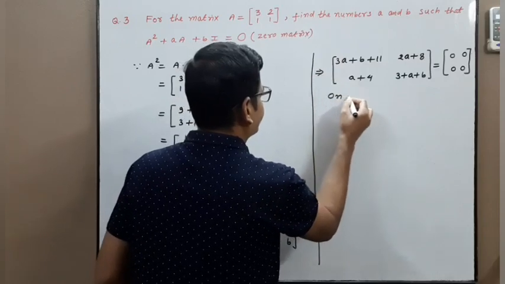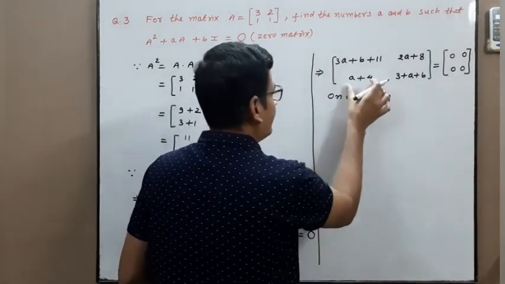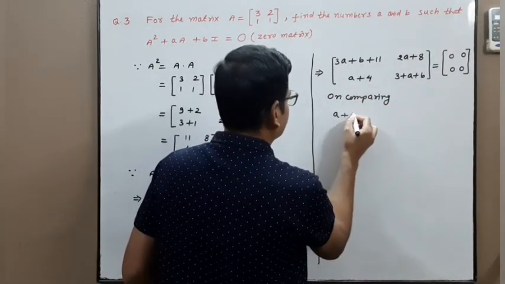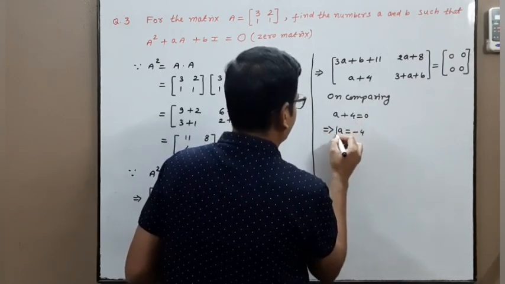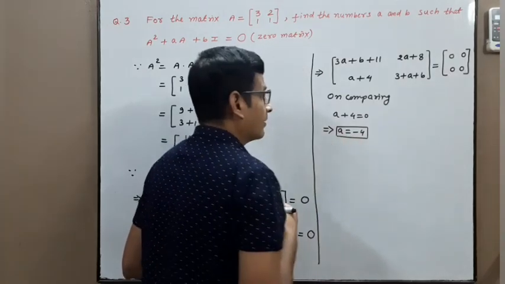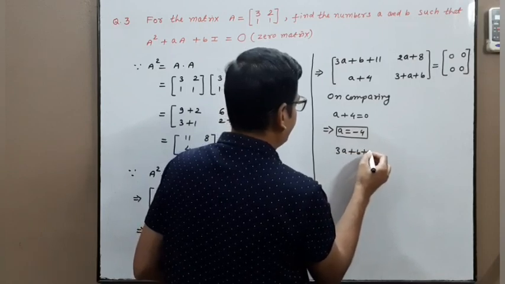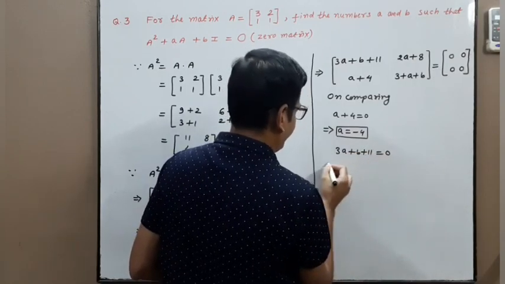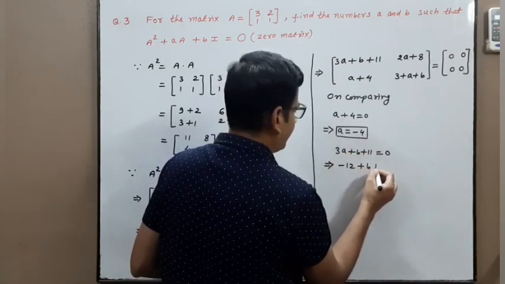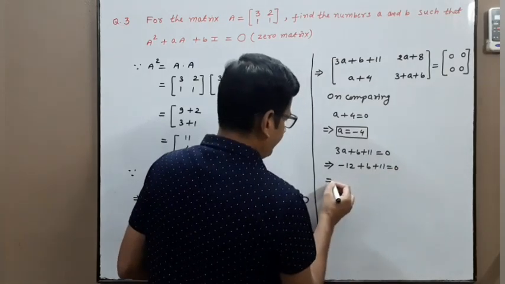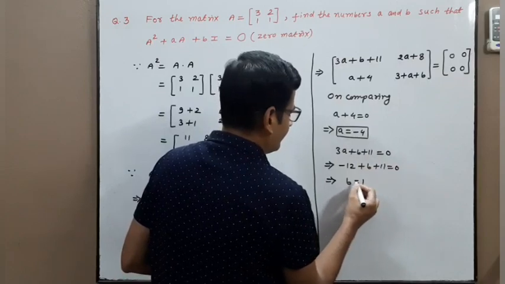On comparing, a plus 4 equal to 0, so a equal to minus 4. 3a plus b plus 11 equal to 0. a equal to minus 4, so 3 into minus 4, minus 12 plus b plus 11 equal to 0. So for the value of b, minus 12 and 11 make minus 1, send that to the other side, so 1. So b equal to 1.